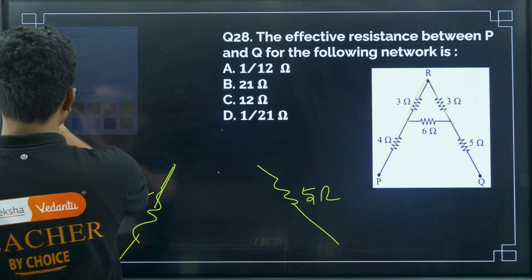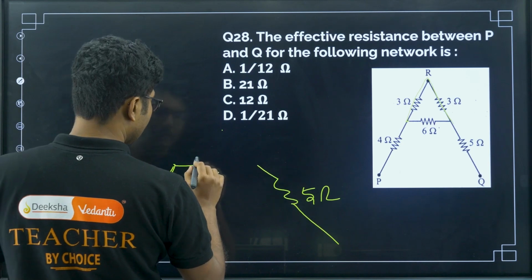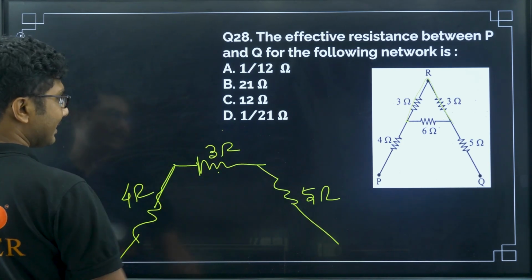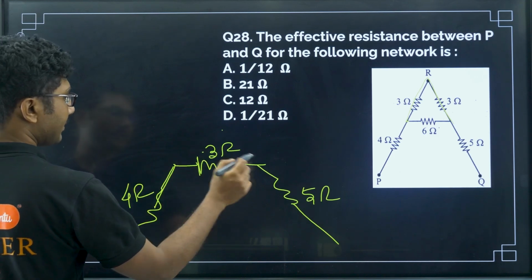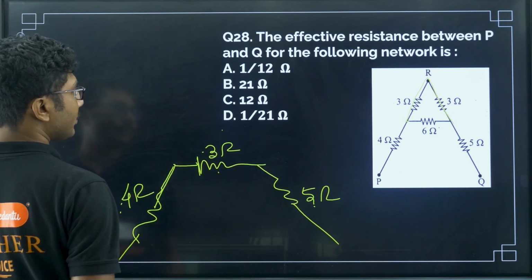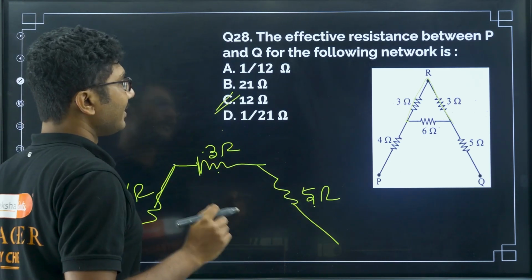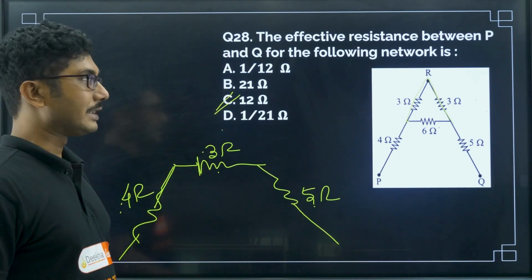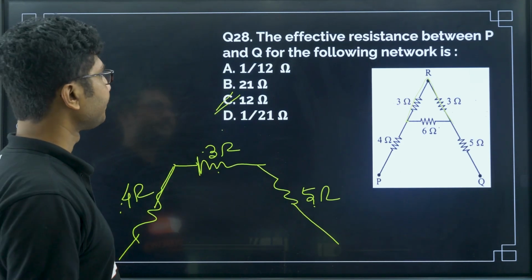Both of them are the same value, so it is easy for us. We can write this as 3 ohm. Now everything is in series. 4 plus 3 plus 5, so 7 plus 5 is 12, so 12 ohm. Very simple problem. If you just understand the basics of resistance in series and parallel, you can solve this.